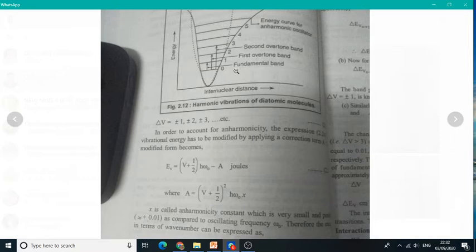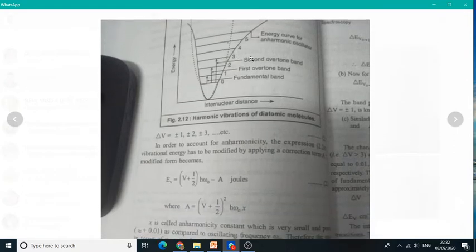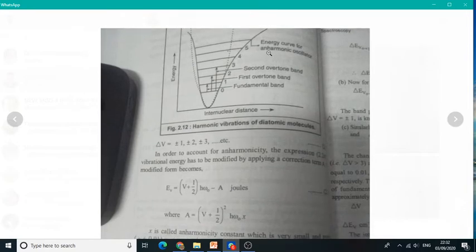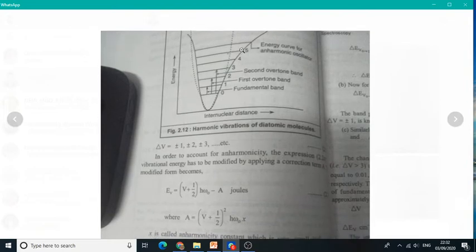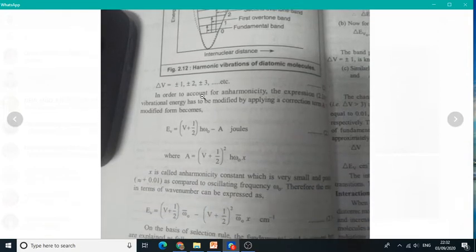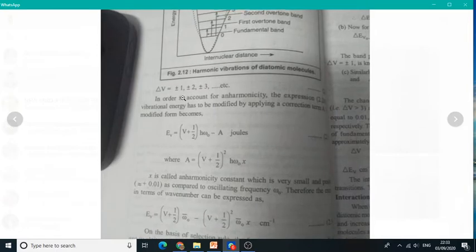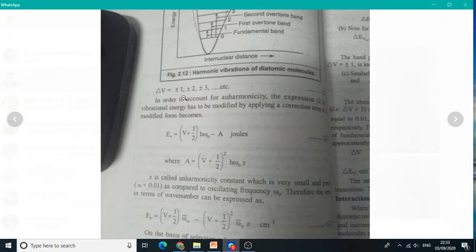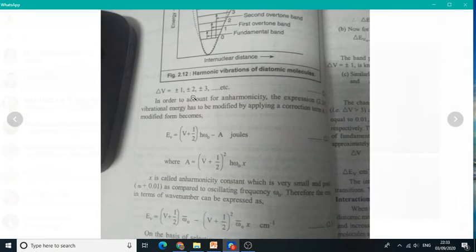At that time, this perfect U-shaped curve gets violated, and in case of unharmonic oscillator, we have this violated curve, and when the delta phi is equal to plus or minus 1, we get a fundamental transition. When delta phi is equal to plus minus 2, at that time we have first overtone transition.